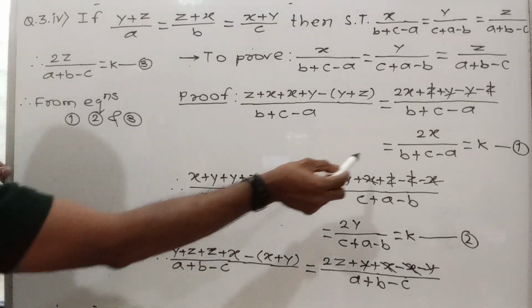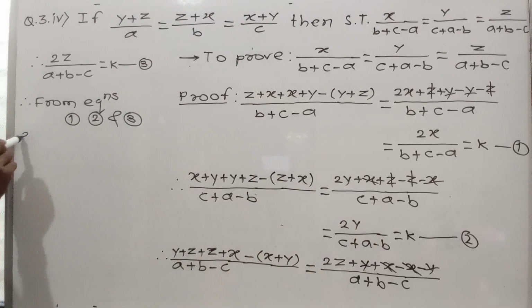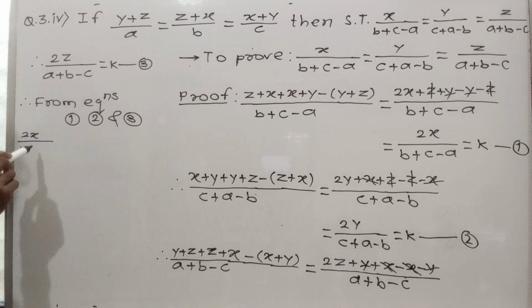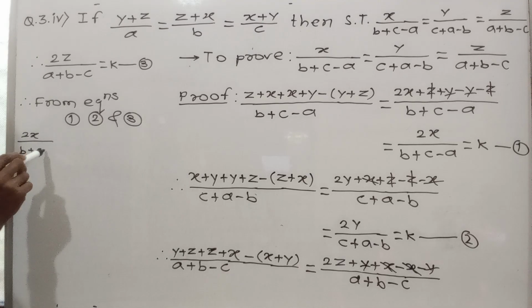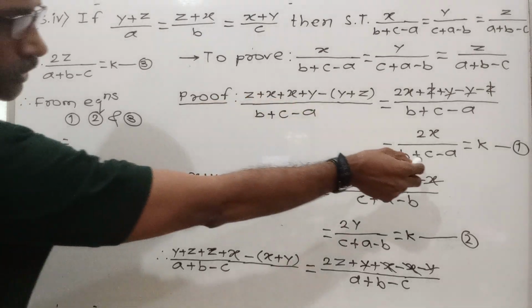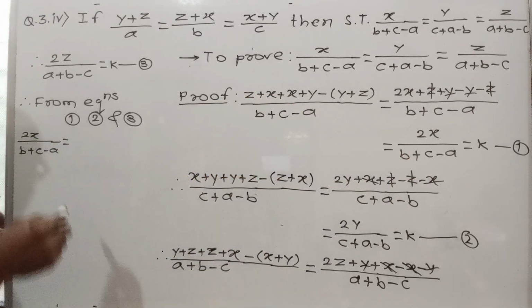Therefore what is first? 2x upon (b plus c minus a), this is equation number 1, LHS.